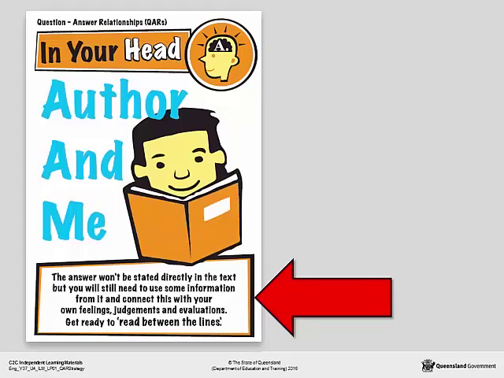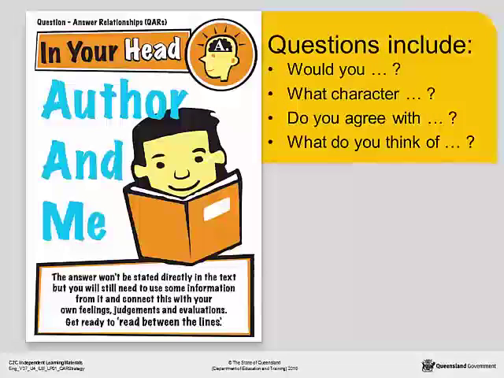This involves connecting your own feelings, judgments, and evaluations with information you find in the text. So, get ready to read between the lines. Questions include: would you? What character? Do you agree with? What do you think of?